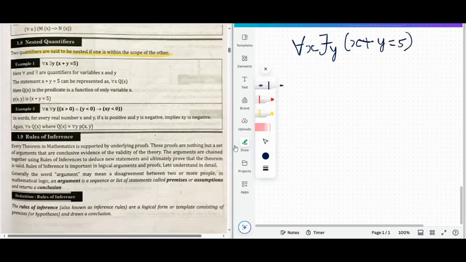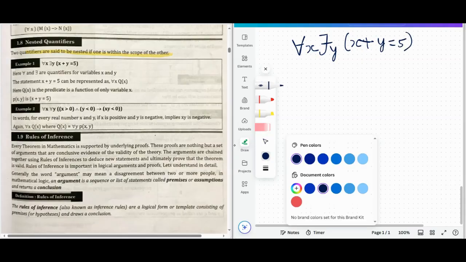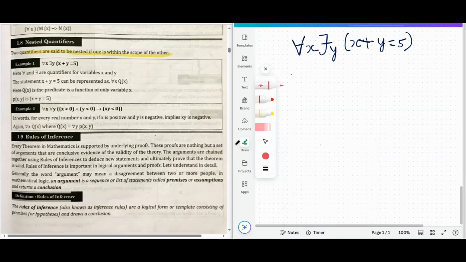Substitute the values and check what answers we get. For x plus y equals 5, I can write this as y equals 5 minus x. If I take x equals 0, y will be 5 minus 0, which is 5.